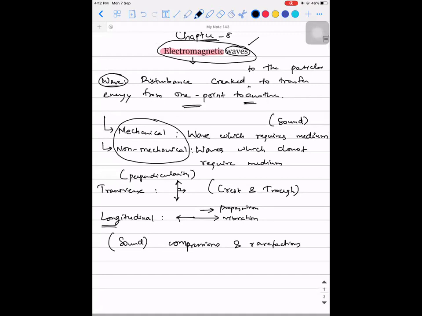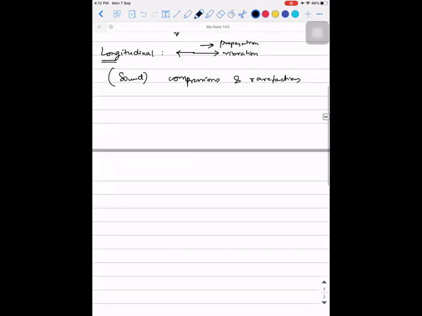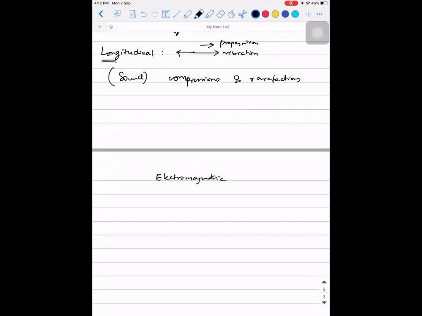Now the term waves is related to electromagnetic. Let's try to break this word and analyze what exactly electromagnetic means. Electro is a word derived from charge. And wherever charges are there, there is an electric field. Then what about magnetic?